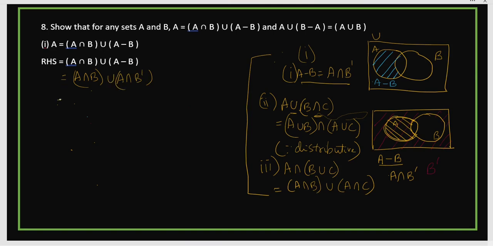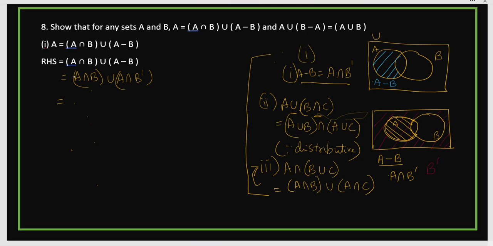You can see A intersection B union A intersection C, where A, B, and C are three sets. Here also there are A, B, and B dash. So we can apply this formula in reverse. This is equal to this.